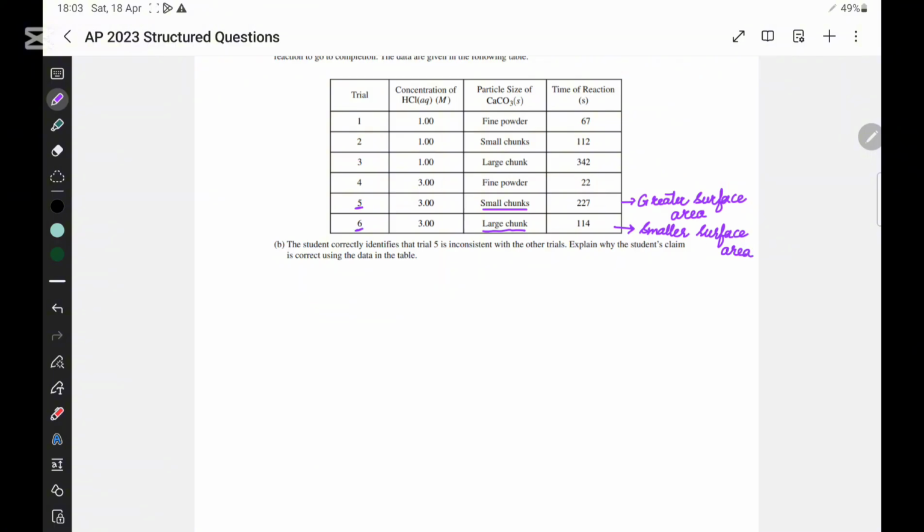But you can see a deviation in time of reaction. As it is having greater surface area, so greater rate of reaction, so time of reaction should be less, but it is more as compared to this one. When it is having large chunks, then time of reaction is small, which needs to be larger.